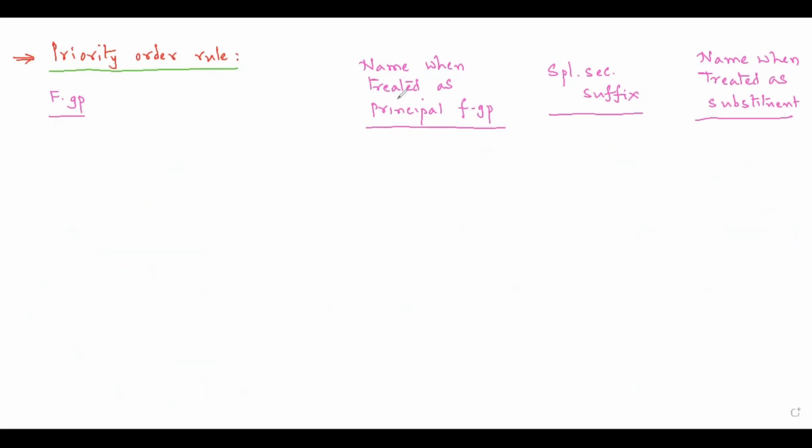So after aldehydes, we have ketones. This is the functional group for ketones. Name when treated as principal functional group is one. No special secondary suffix name. Coming to the name when treated as substituent, just now I told keto or oxo in the previous example. Next.